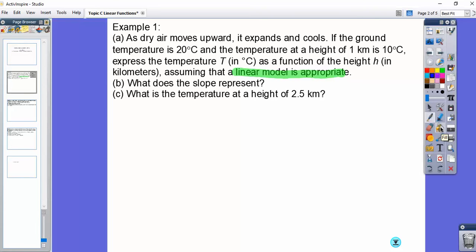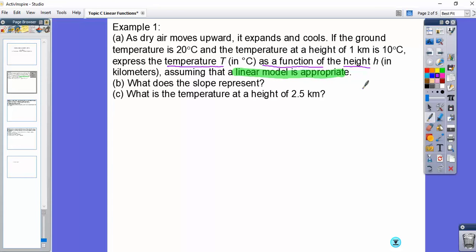Now, we do have to be a little bit careful. We want to make sure we have the correct thing for x and y. This is the one place where people mess up on these. It says to express temperature as a function of height. When I'm talking about the function piece, that's your y.